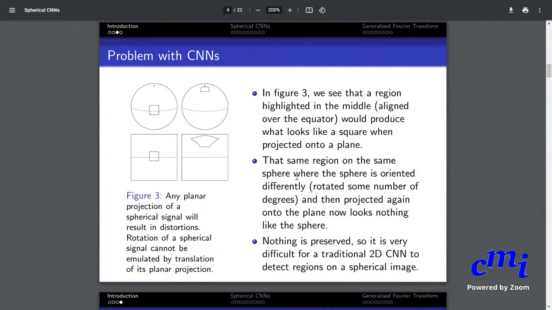If we project this sphere on a plane, then the highlighted region would stay the same, provided that this highlighted region is on the equator itself. But if we rotate the sphere in any direction, then the projection introduces a sort of radial distortion, I would say.